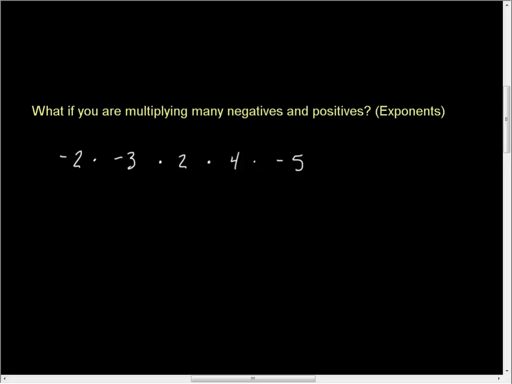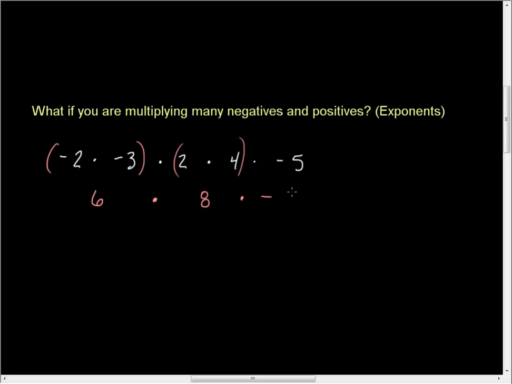Well, we can break this down, and we're using the associative property of multiplication, and we're just going to group things together. In this first grouping, we have a negative times a negative. Well, that's going to be a positive. So 2 times 3 is 6, so that's going to be a positive 6. Times 2 times 4 is 8, so that's going to be positive 8.